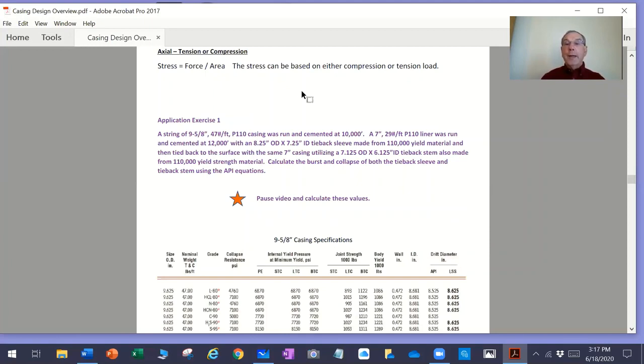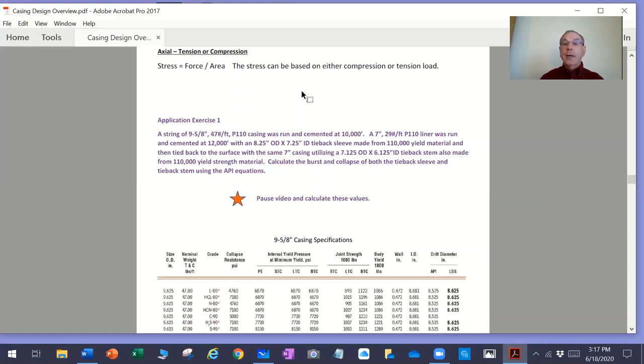A 7-inch, 29 pound per foot P110 liner was run and cemented at 12,000 feet with an 8 1/4 OD by 7 1/4 inch ID tieback sleeve made from 110 yield material. Then this liner was tied back to the surface with the same 7-inch casing, requiring a 7 1/8 inch OD by 6 1/8 inch ID tieback stem, also made from 110 yield strength material.